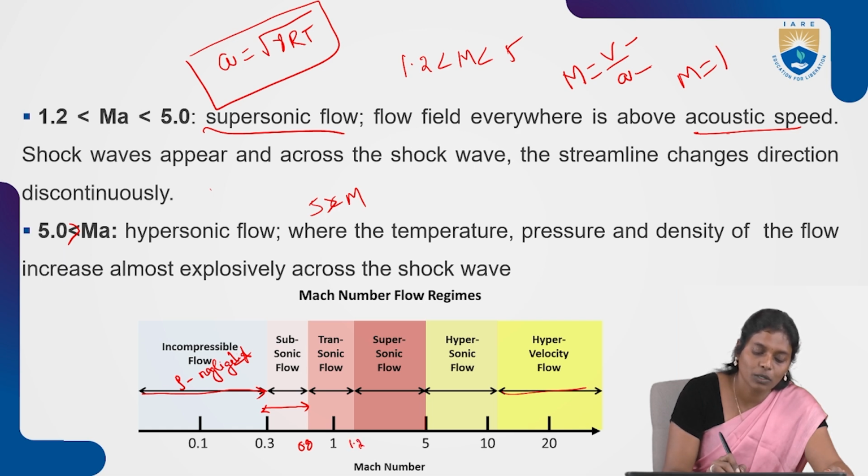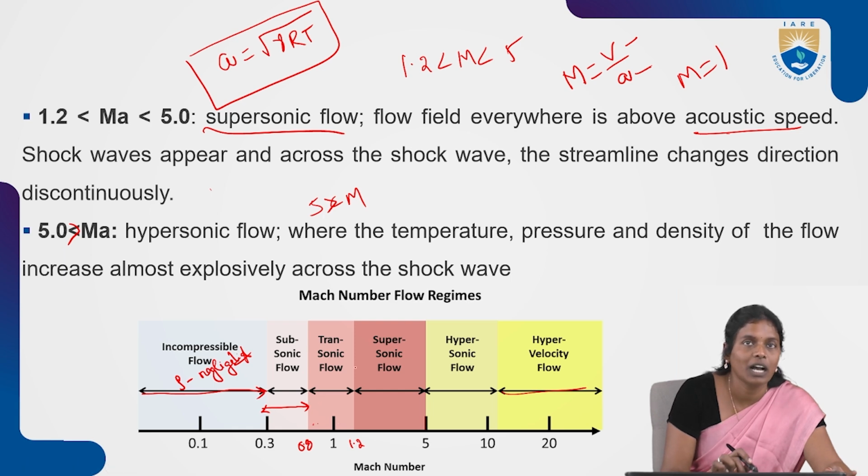Then we have 0.8 to 1.2, where we have the appearance of shock waves, and it will be locally subsonic as well as supersonic flow regime that we are going to observe in a flow field.